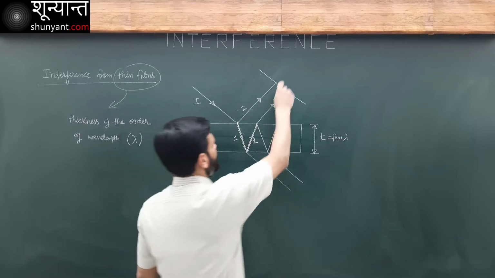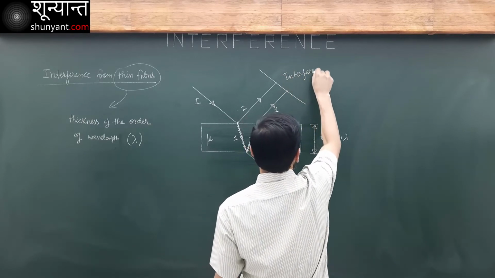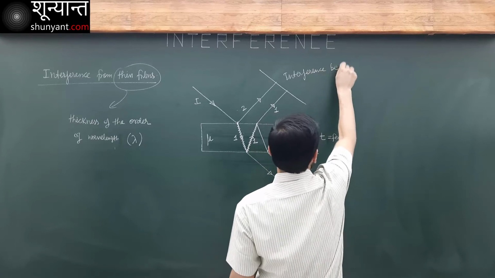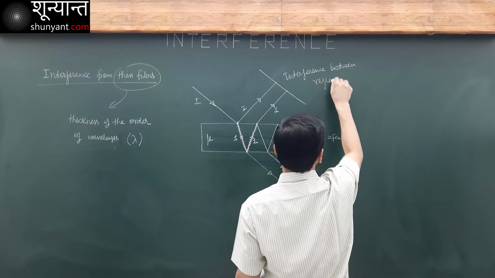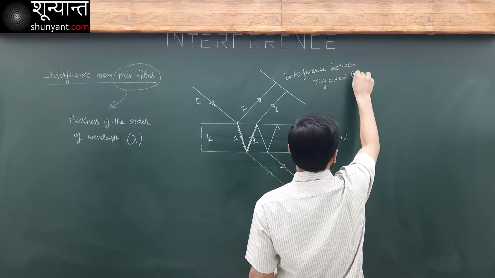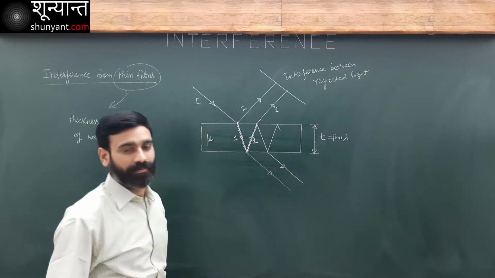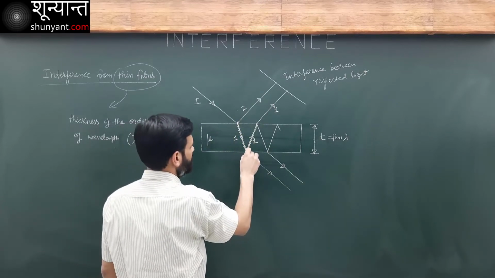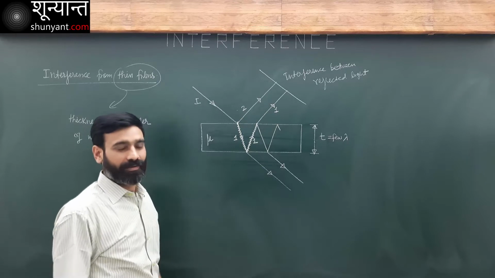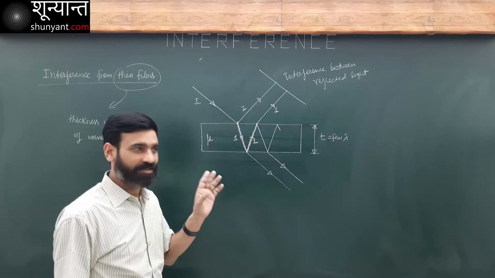This is interference between reflected light. One part is reflected from here, the other part is reflected from here. We will get a fringe pattern.